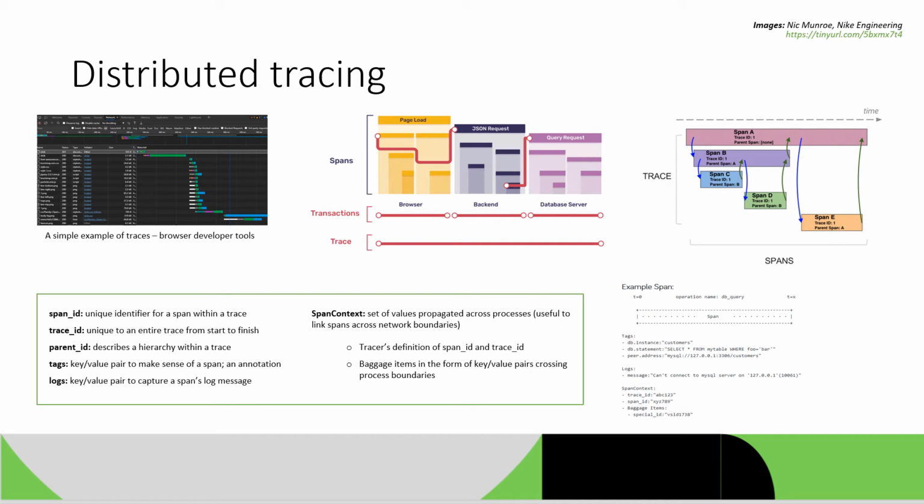So we looked at tracing on and off in the previous slides. However, when it comes to distributed tracing, the concept is actually quite a beautiful concept, to be honest. The best example is, if you open a web browser, regardless of what it is, Edge or Firefox, Chrome, whatever it is, your favorite browser, go into the developer tools and go into the network tab, browse some web page, and take a look at the waterfall that comes up.